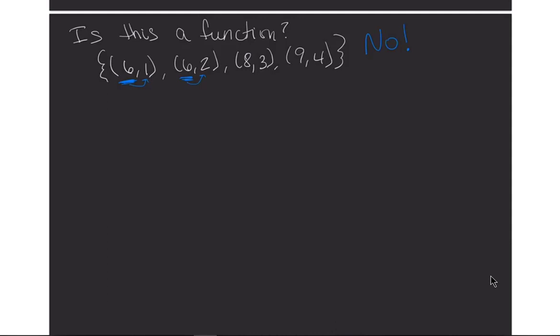What about the points 1, 6, 2, 6, 3, 8, and 4, 9? Would those be a function?